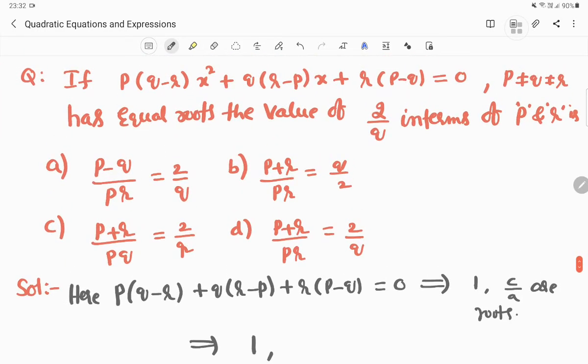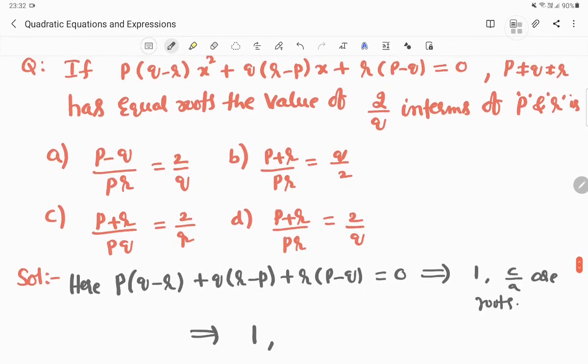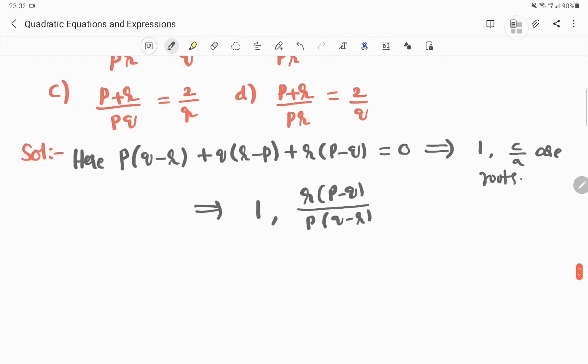C by a from the equation is r into (p minus q) divided by p into (q minus r). These are the roots: 1 comma c by a. If we compare with ax square plus bx plus c, we wrote the c value and a value here. And one more condition is there: it has equal roots.